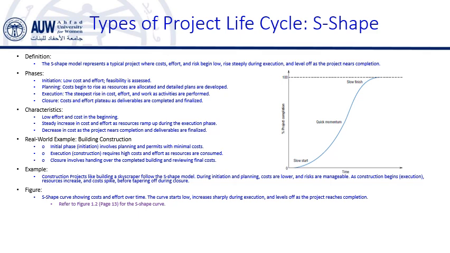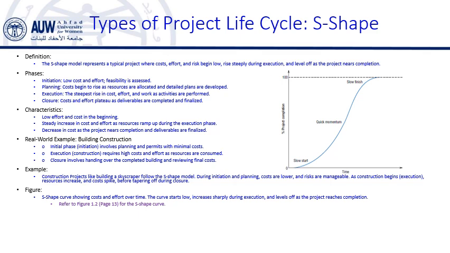Costs remain high during this phase due to activities like testing, inspection, and final adjustments. But effort is often reduced as we are not using many laborers or employees during this phase, as they are being released from the project. So the project now wraps up.